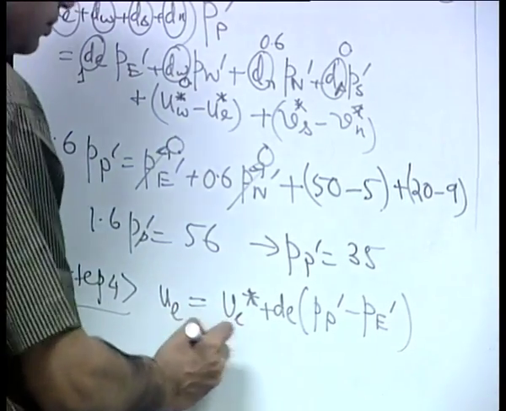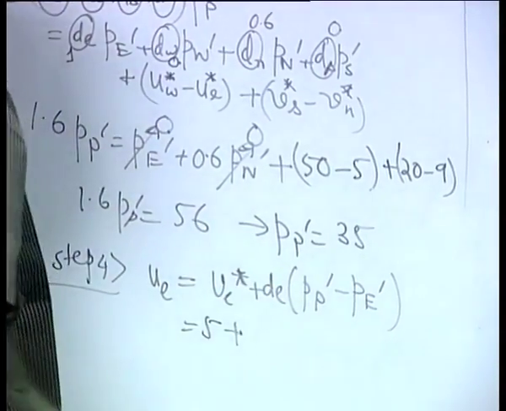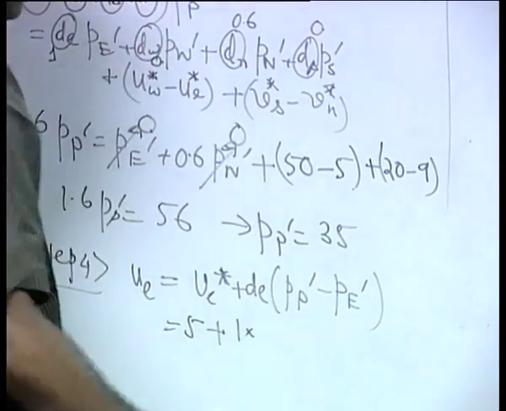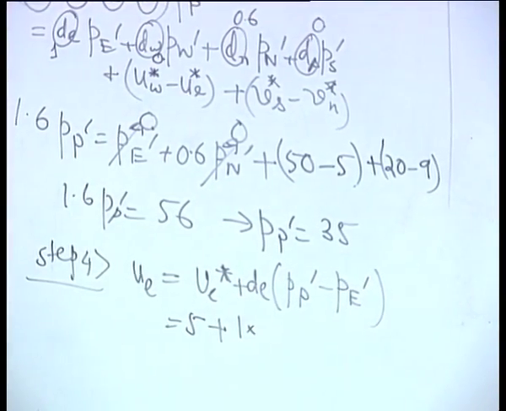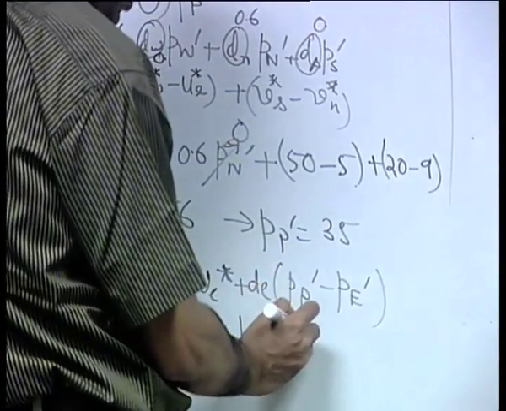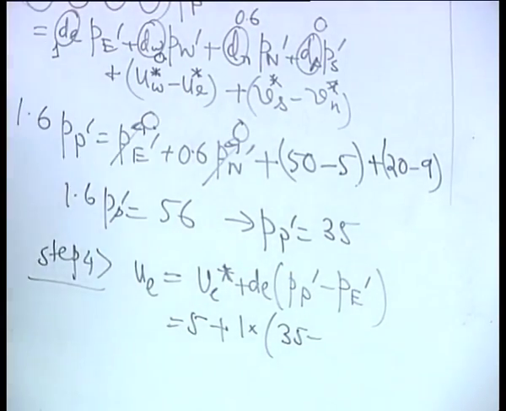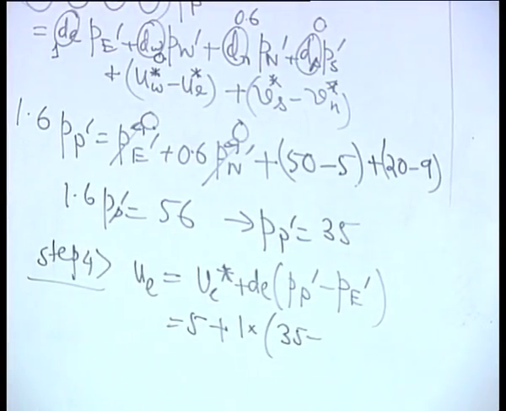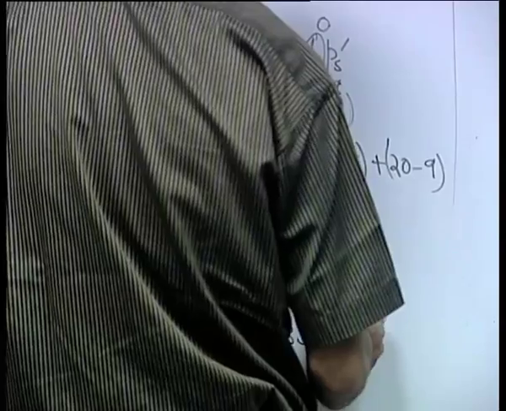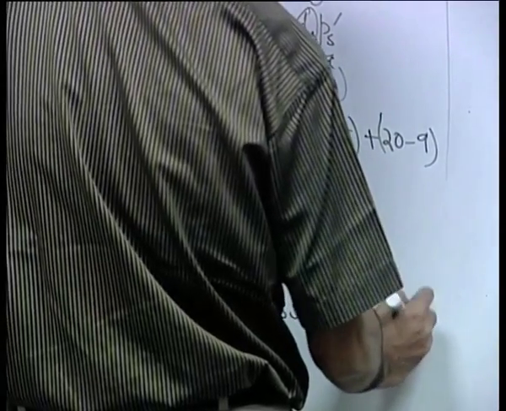So 5 plus 1 into Pp prime minus Pe prime, 35 minus Pe prime, Pe prime is 0. So this is equal to 40.